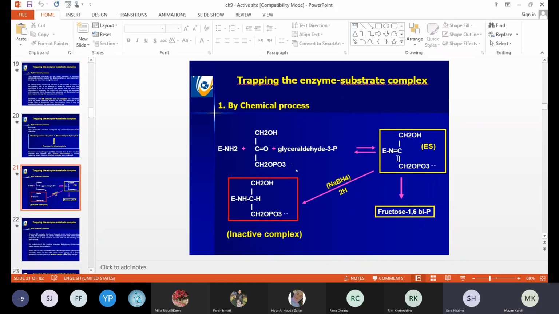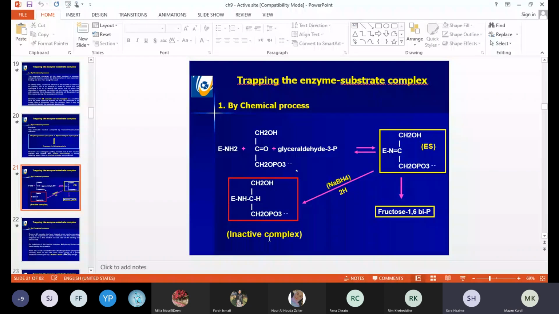And in this case, directly you will have this NHCH by adding this reducing agent, and this will form, instead of an active ES complex that gives product, an inactive complex that will not be able to give product. And in this case, you trap, هذا اللي اسمه trapping, you trap the ES complex in another inactive form.